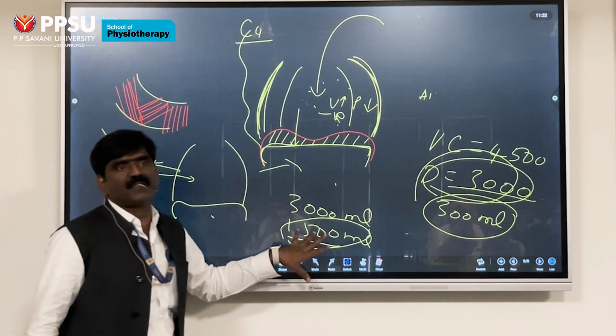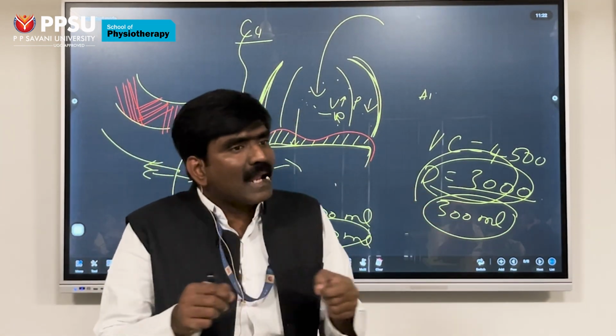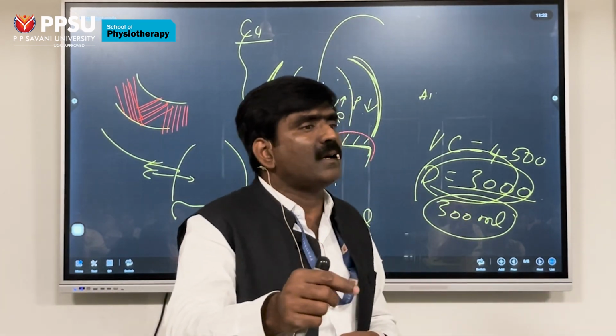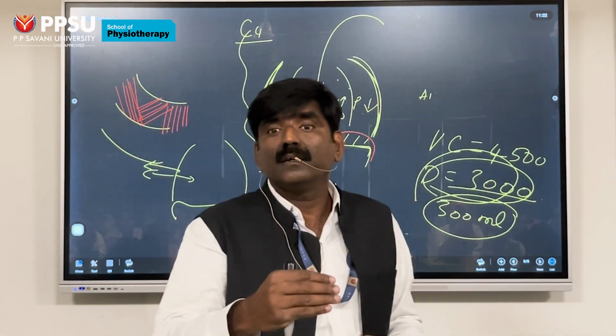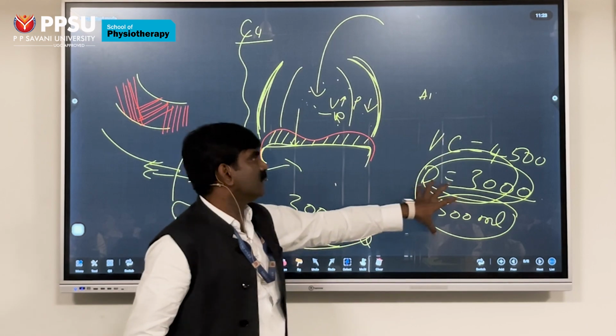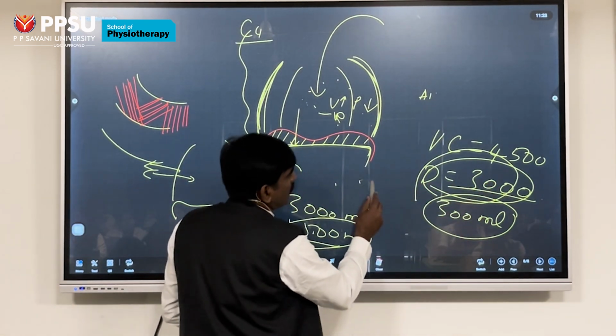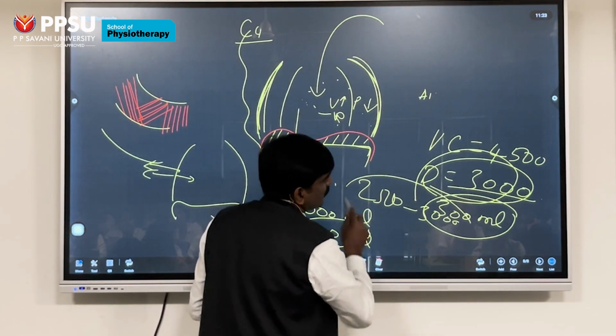In this case, after the cervical cord injury, only the vertical diameter is increased, AP and lateral diameter is not increased. You can achieve the maximum of only 2500 ml to 3000 ml.